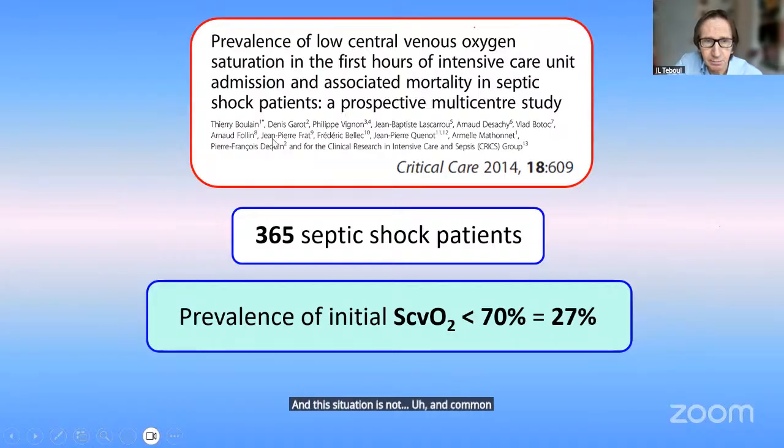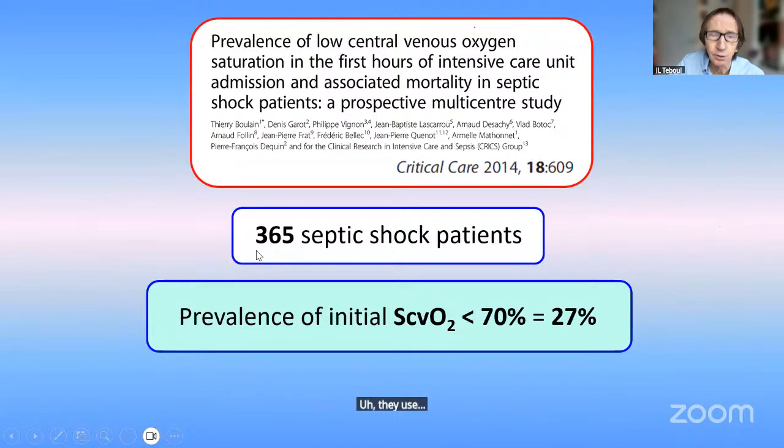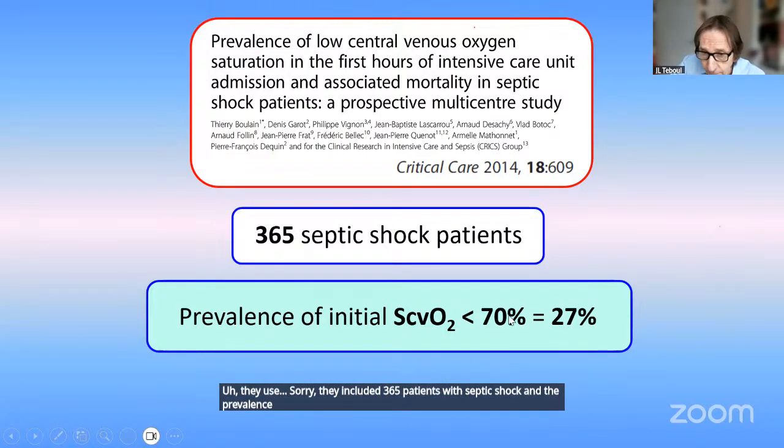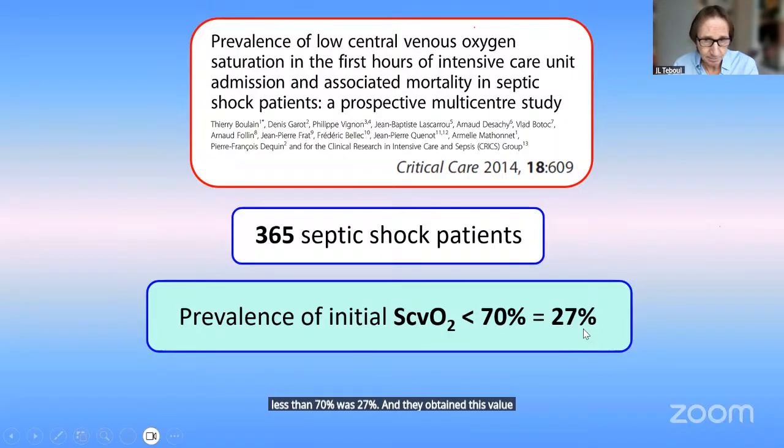In this study by Boulain and co-workers in France, they included 365 patients with septic shock, and the prevalence of initial ScvO2 less than 70% was 27%. And they obtained this value when they performed, of course, measurements through a central venous catheter.